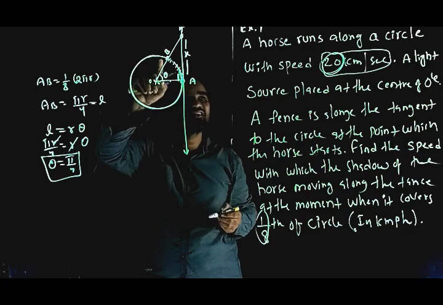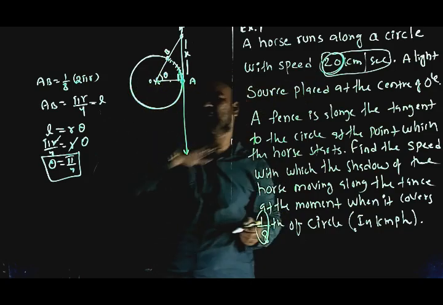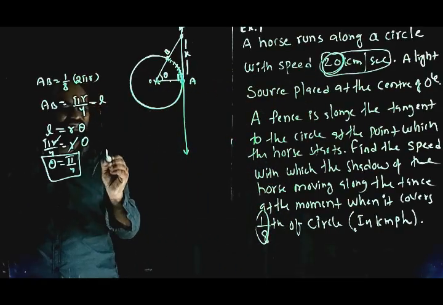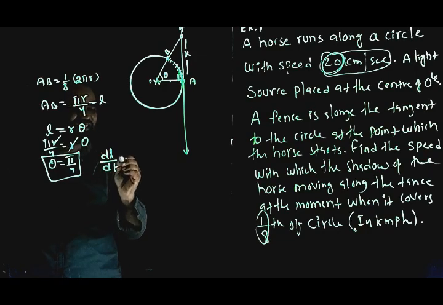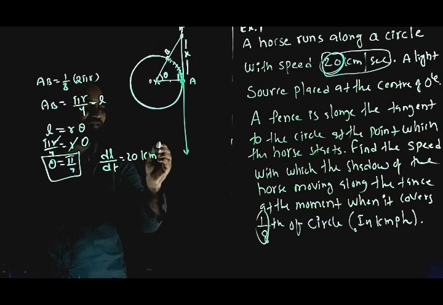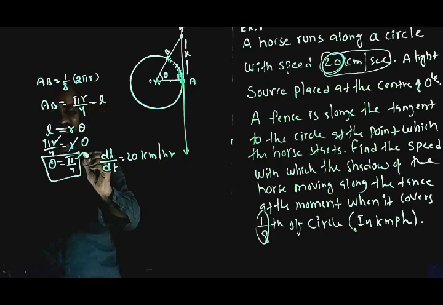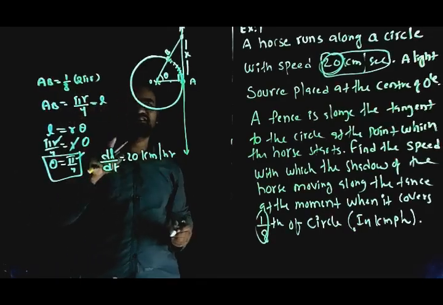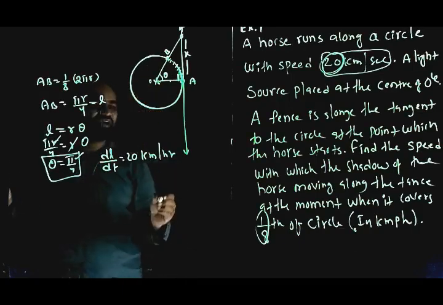That is taken as L, so dL by dt is equal to 20 km per hour, and theta is pi by 4. In this instance, you will find dx by dt.